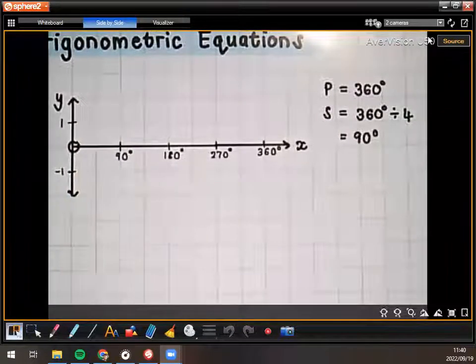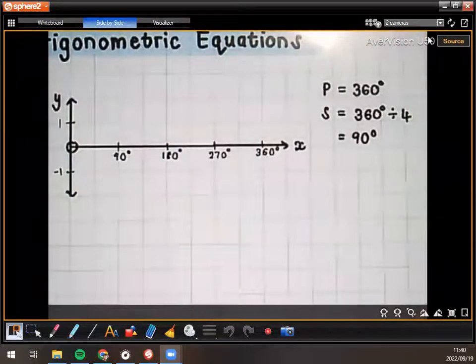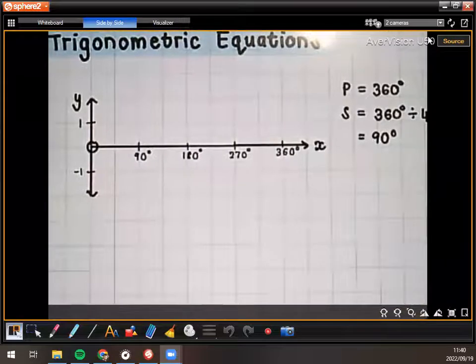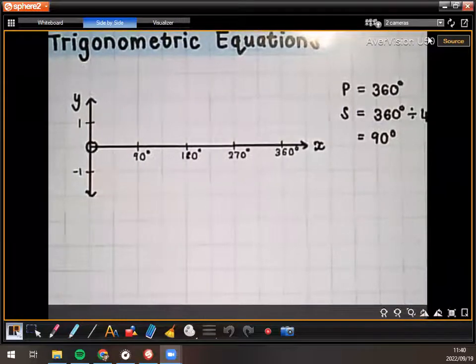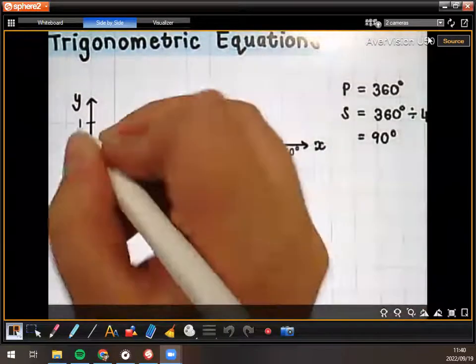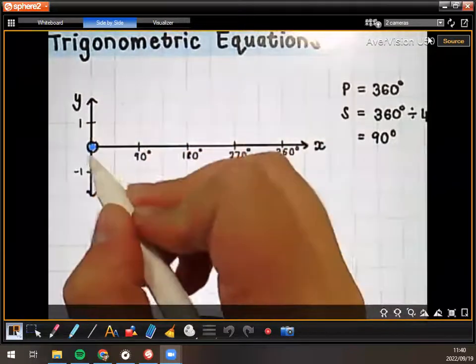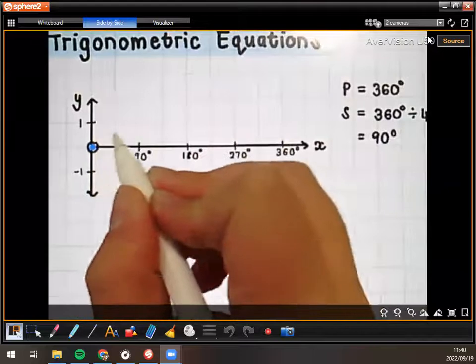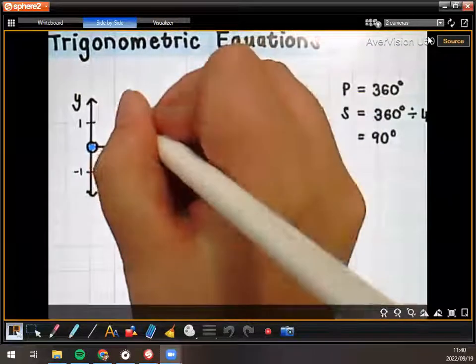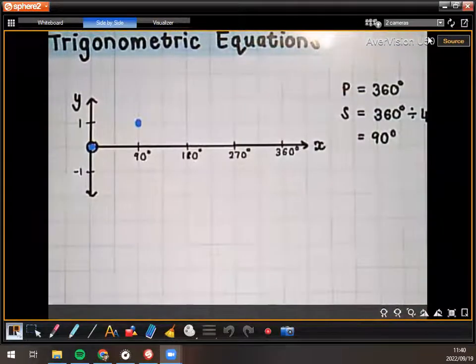Okay, so do we remember where the normal sine graph starts? What that first point is? What's the shape again? Does it start at the middle or does it start at the top? In the middle, right? So it's going to start at 0, 0. Then your step is 90. That means that your next point that you're going to plot is going to be after 90 degrees, and that is going to be at 1.